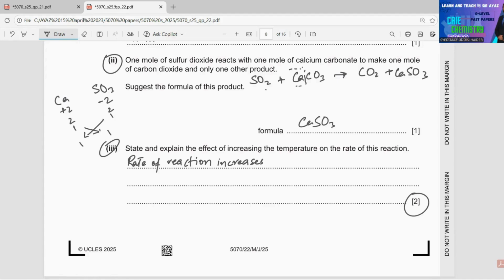So you will not get any mark unless you write 2 more statements, and you can write in terms of energy or movement of particles. First statement, in terms of energy or movement of particles.